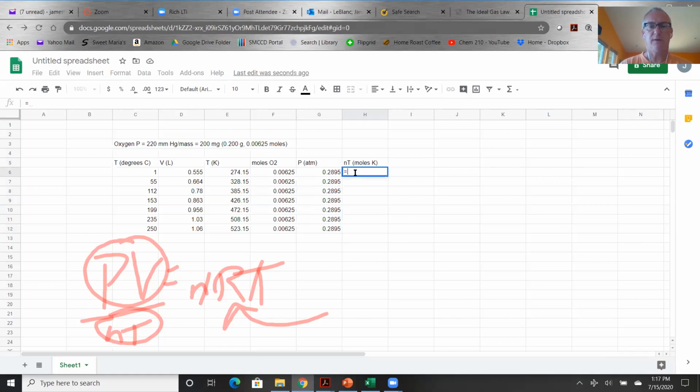So equals E6 times F6. This is my E6. Then I just drag it all the way down, and hopefully it'll do all the calculations for me. So far, so good. So that is n times T.